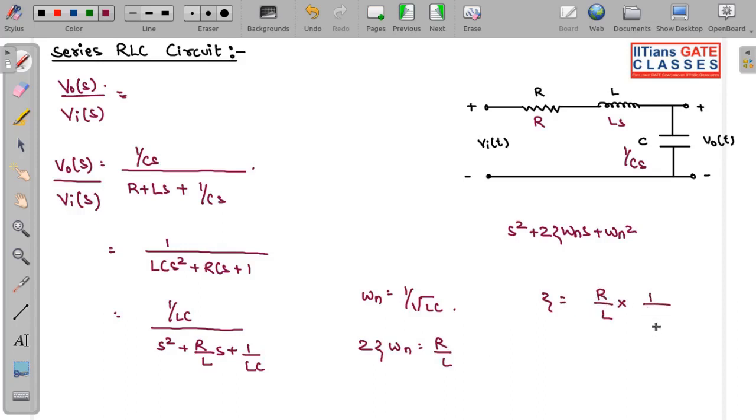So that will be 1 divided by under root LC. So let me bring this LC over here. So now you can write, over here we have 2 also, so this will be R by 2 under root of C by L. This is your value of zeta.